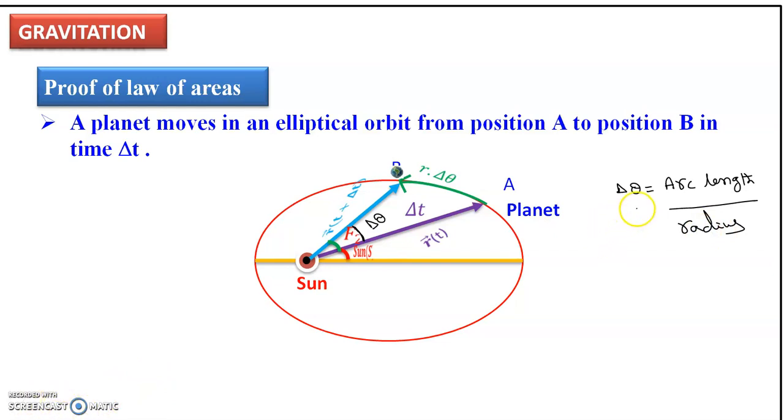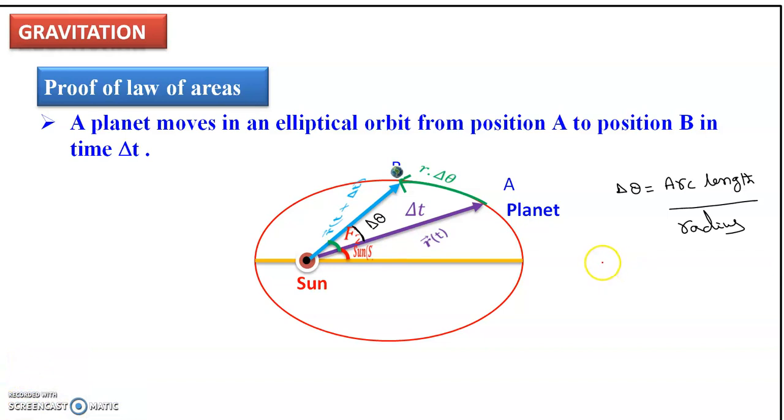The angular displacement of the planet for delta t instant of time, delta theta, is equal to arc length by radius. From here, what is the arc length? Arc length is angle into radius.